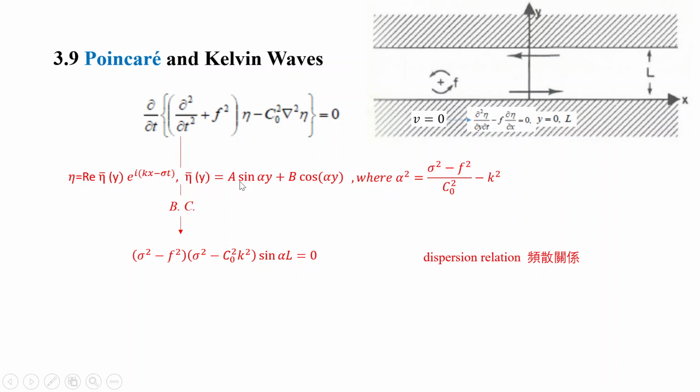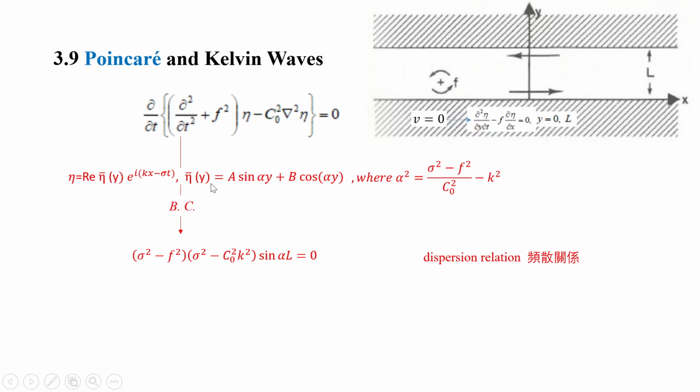If you substitute this wave solution into this differential equation, you will find that there's a constant parameter alpha, which is equal to the frequency squared minus the rotational frequency squared divided by the constant c naught squared, minus k squared, where k is the zonal wave number. So we use alpha to represent this parameter.